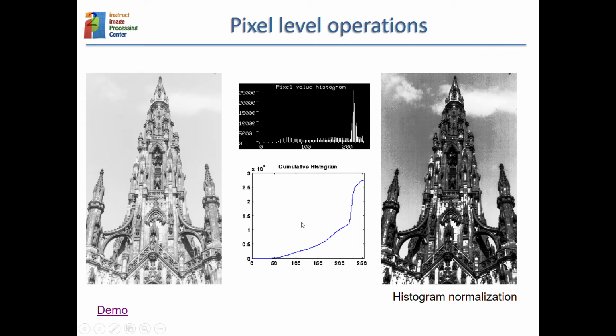Good candidates to sacrifice are those that are not so much populated. For instance, here there are no values between 0 and 50, let's say. Those are values that were not used by the original image. So now the output image can use those intensity values that were unused.